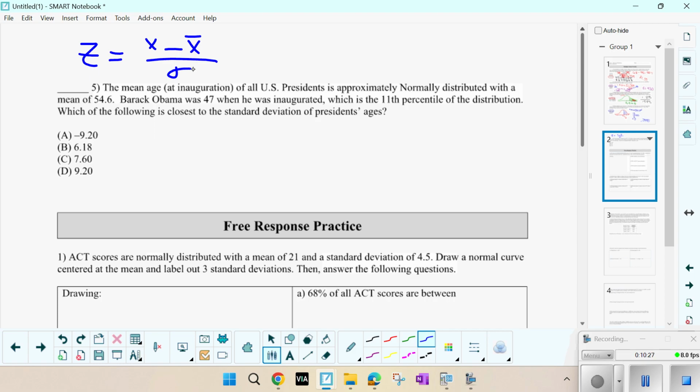We know the value is 47, and the mean is 54.6. The standard deviation we don't know, and we also don't know the z-score. So we're going to use the 11th percentile to figure out what the z-score is. So we're going to do inverse norm on this one.